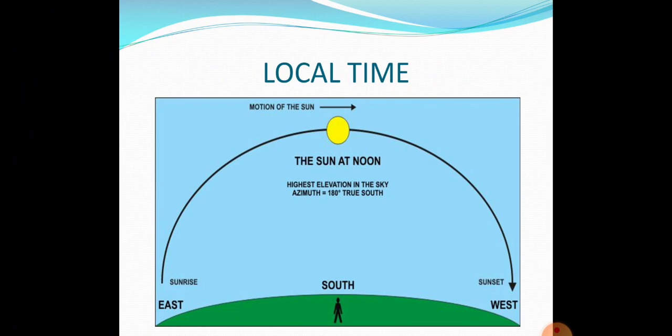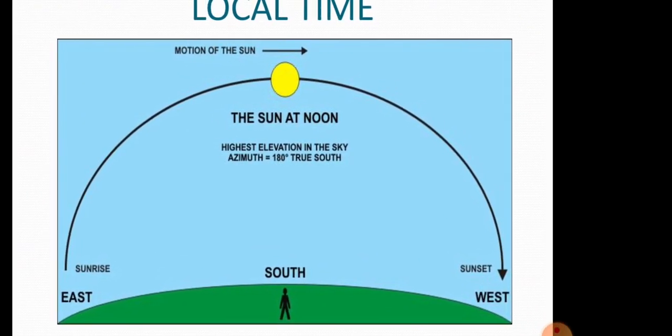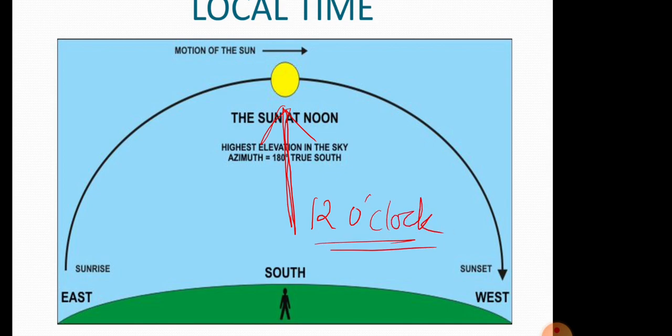Now when you are standing at a place, you can see this over here, you are standing at a place and the sun is just above your head. At that time you count it as 12 o'clock in the afternoon, or we can say 12 at noon, and you count the time like that, then you get the local time of that place.